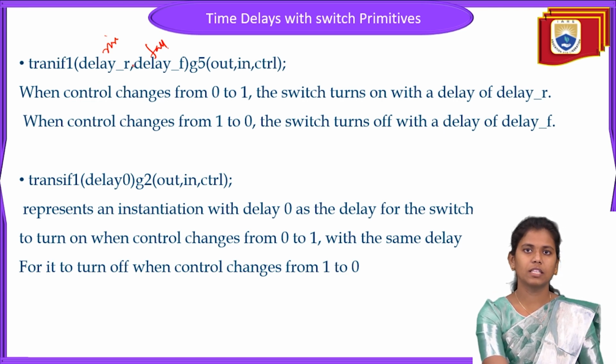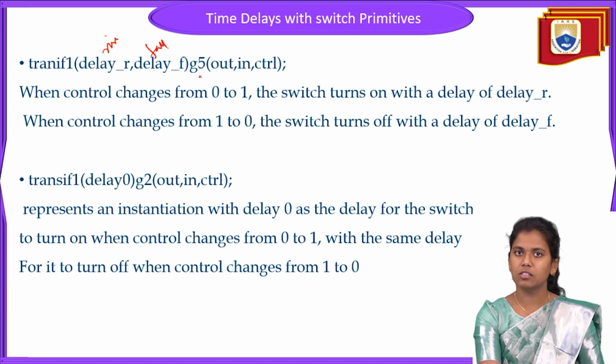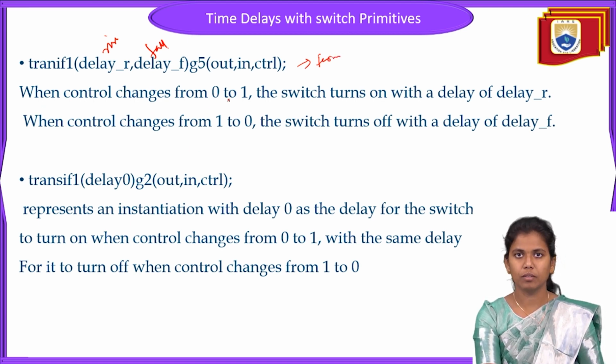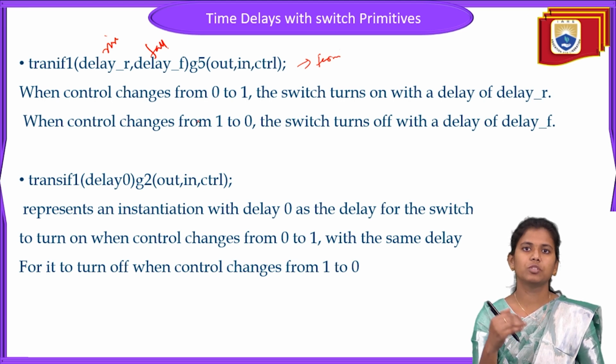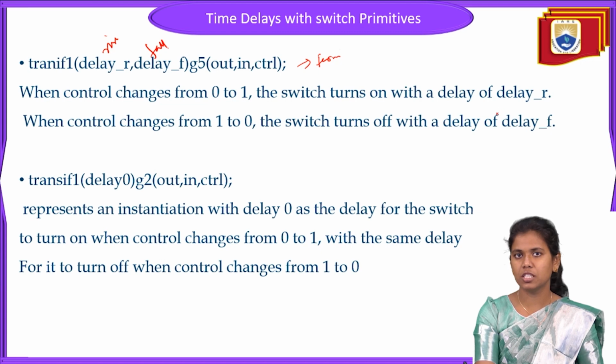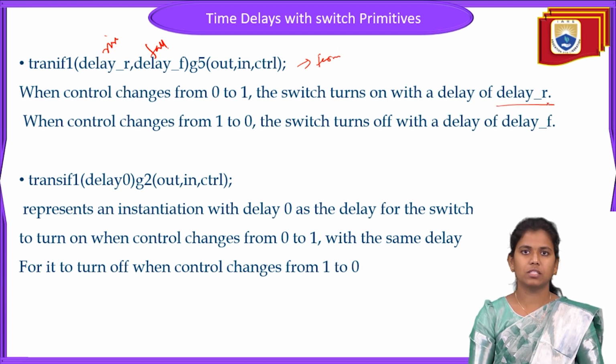Here I am representing 2 delays, rise and fall, and then the circuit that I am considering follows with the terminal list. When the control signal changes from 0 to 1, obviously the output changes with the delay with respect to the rise time.